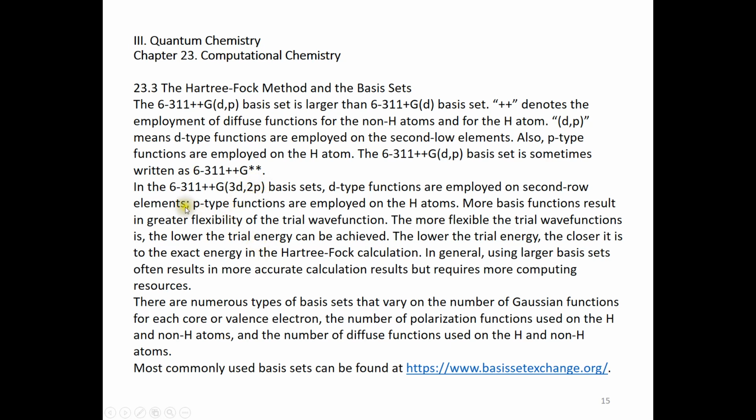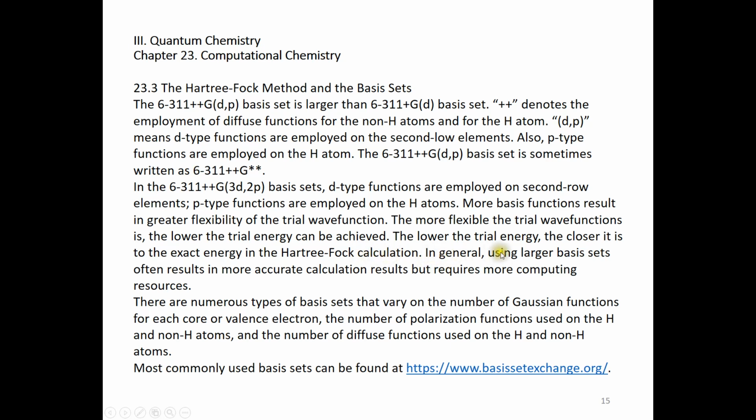Again, when we have a larger number of Gaussian functions, we can describe the electron wave more realistically, more accurately, or get better trial wave function and lower trial energy. The more flexible the trial wave function is, the lower the trial energy we can achieve, and the lower the trial energy, the closer it is to the exact energy in the Hartree-Fock calculation.